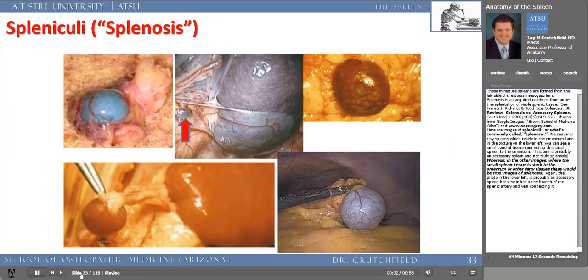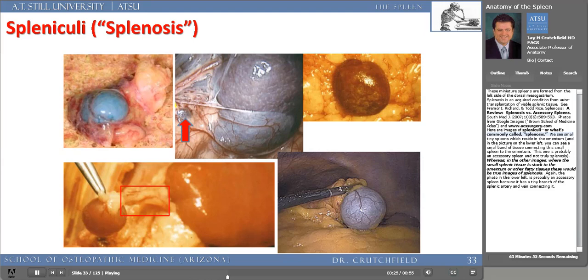Here are images of splenosis. We actually can see small, tiny spleens, which are in the omentum, and in the picture in the lower left, you can see a small band of tissue connecting this small spleen to the omentum.